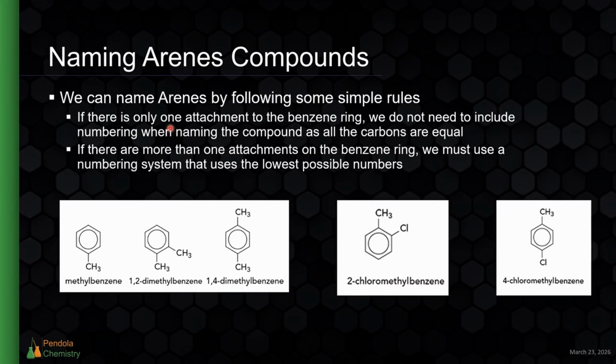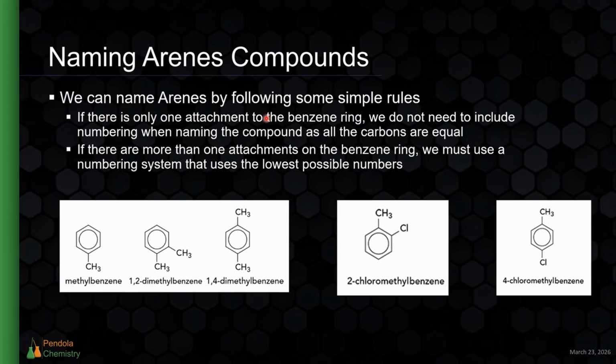Naming arenes is somewhat similar to naming cyclical compounds, but instead of using cyclo in the prefix, we are going to use benzene as the root of the name. So instead of saying something like cyclohexane for 6 carbons, we will just say benzene to mean a benzene ring, and then we put the attachments in front of it.